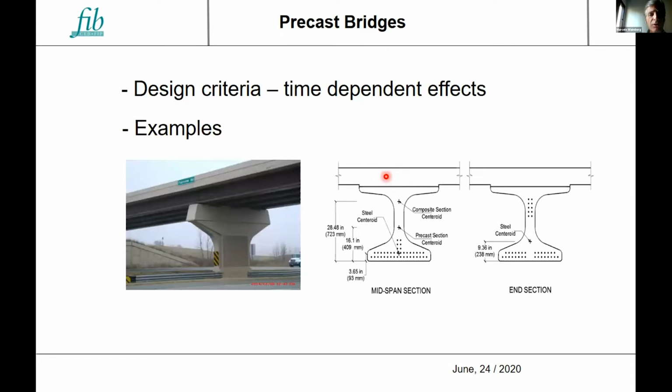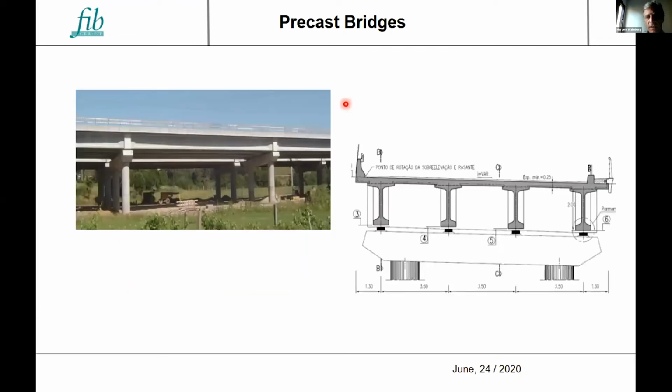And you will also find what we think is an important part: real examples of structures that have been built, with the whole calculation procedure of these internal efforts, as well as the dimensioning of precasting, pre-stressing, and mild reinforcement. This is another example you will find there.